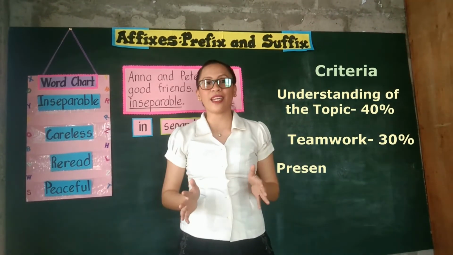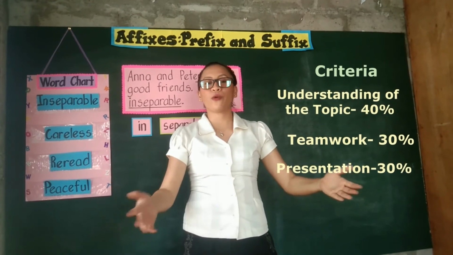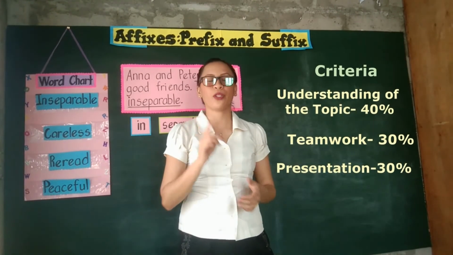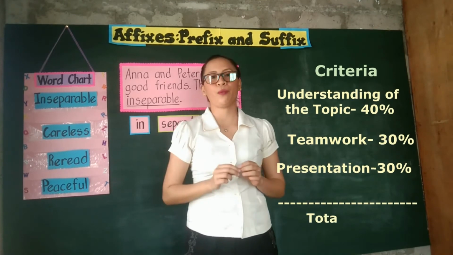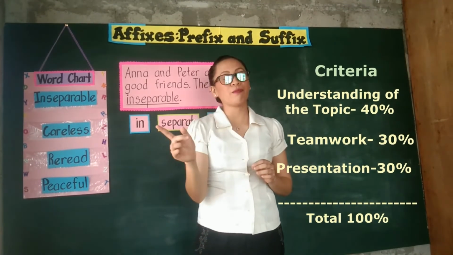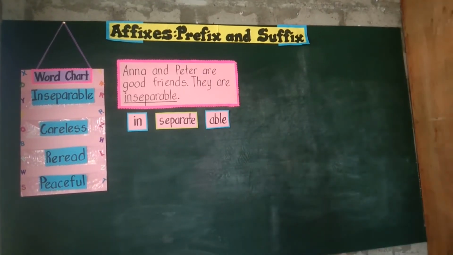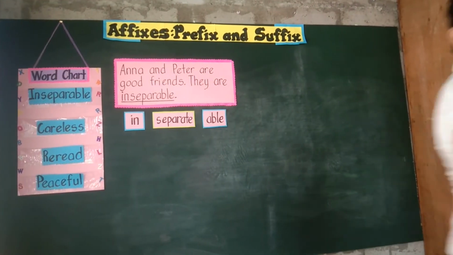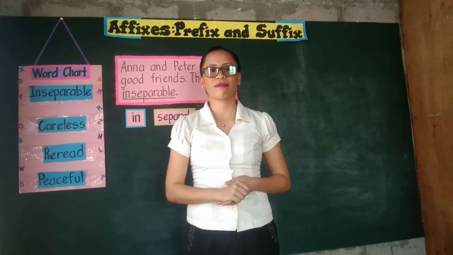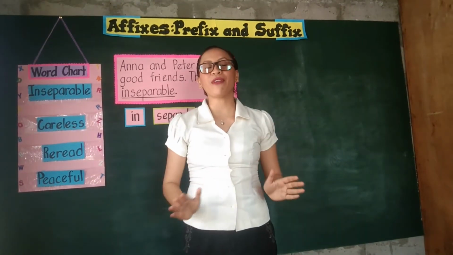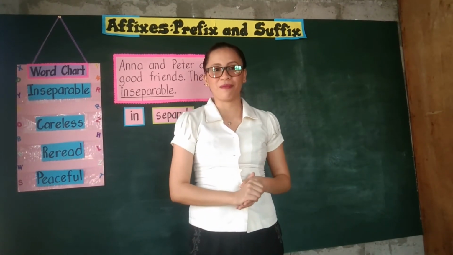Third is presentation, that is how you present your role play in front, that would be 30%, a total of 100%. So I will be providing you now your situation. Alright, so I am giving you 10 minutes to prepare.